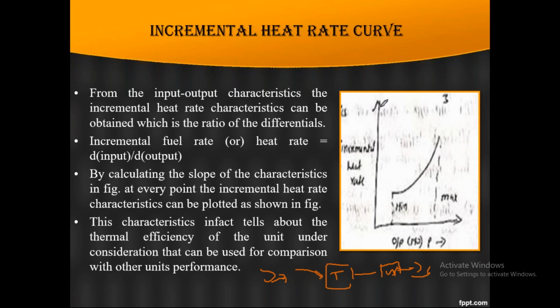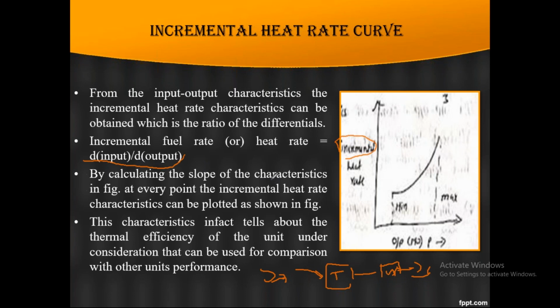So that's why we have the graph between incremental heat rate and output. Why incremental heat rate? Because the heat energy is not constant; it keeps changing based on our power requirement. If we want more power, we have to produce more heat, then the steam will increase and the turbine will get more speed. So the incremental fuel rate is given by this formula: differentiation of input divided by differentiation of output.